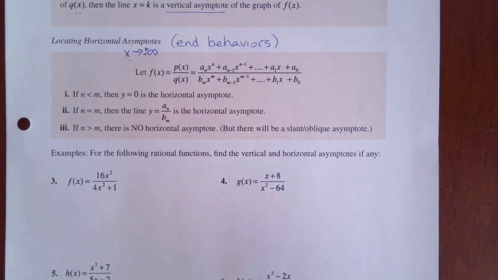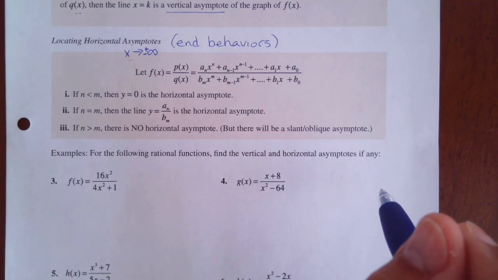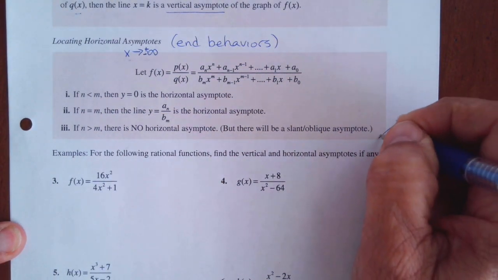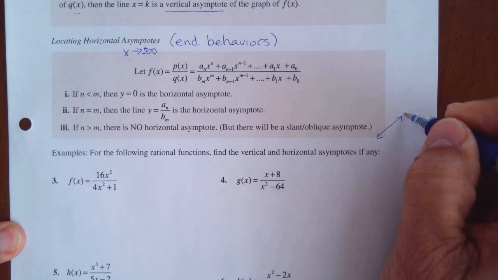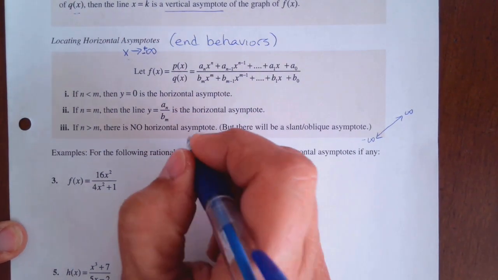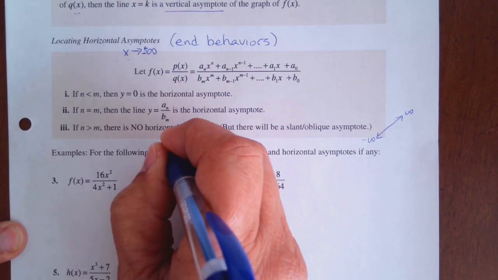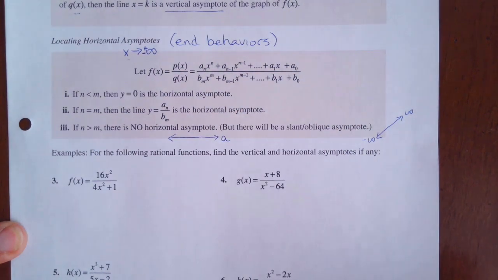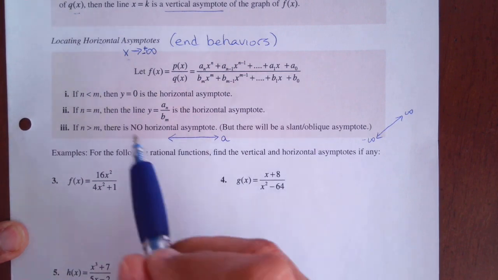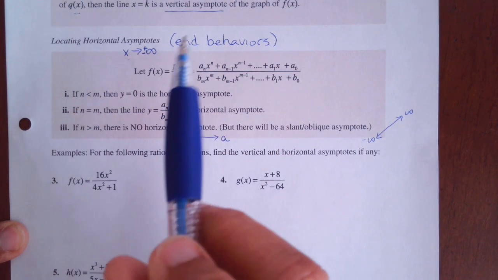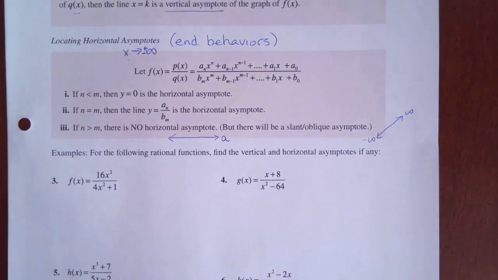There would be what we call a slant asymptote. If you have a slant asymptote, that means the end behavior would be going to plus infinity or negative infinity. If you have a horizontal asymptote, that means your limit or your end behavior would be going to a number value, wherever that number is going to be. So this is trying to help us figure out these limit problems. A lot of old information, but for new stuff that we're looking at now.